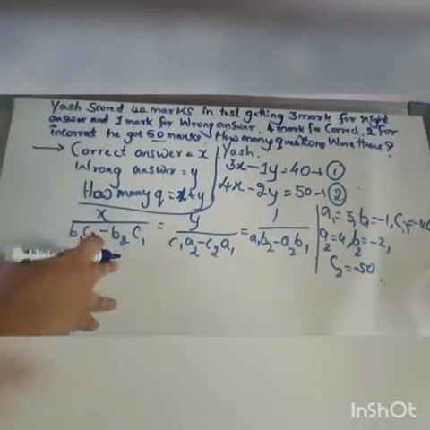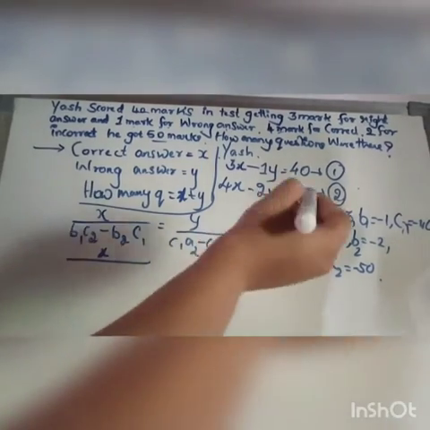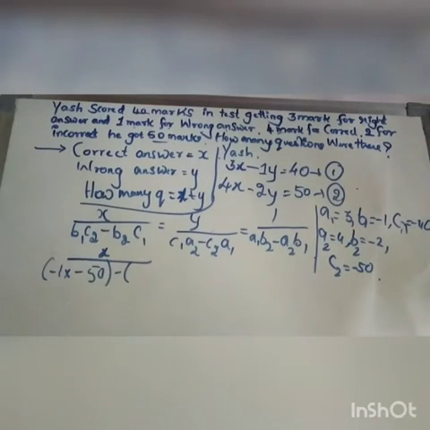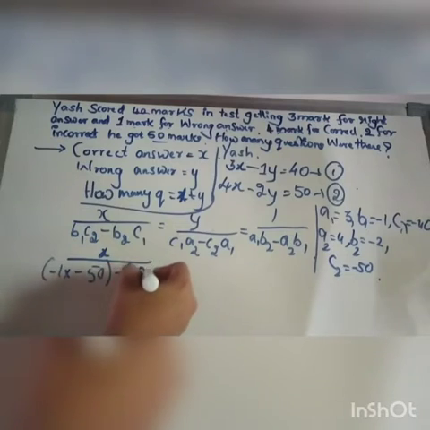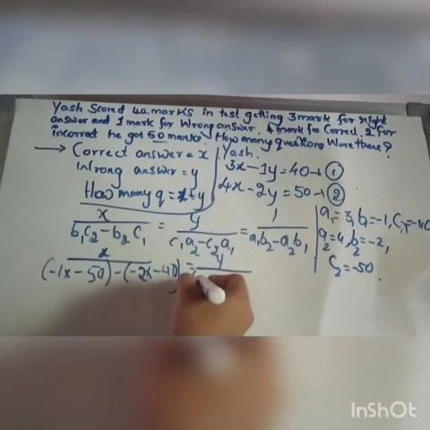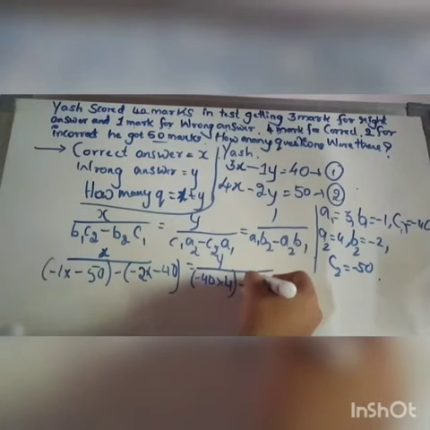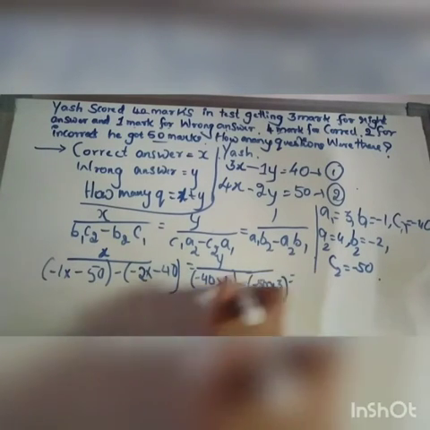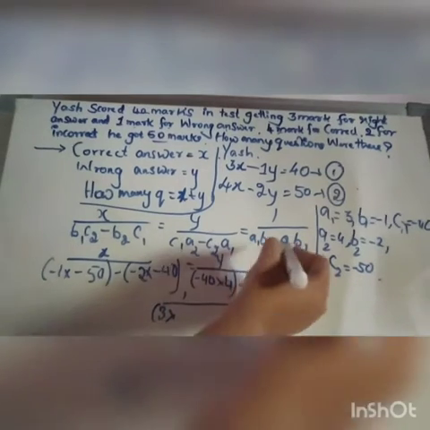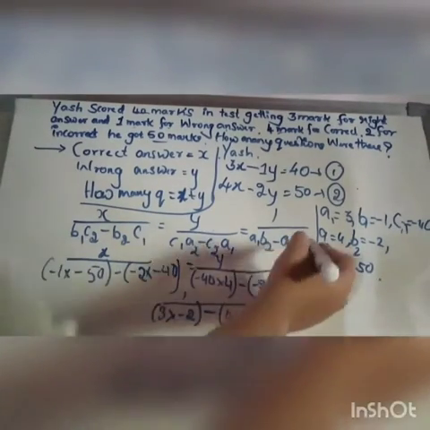Substituting all these values: X by B1, which is minus 1, into C2, minus 50, minus B2, minus 2, into C1, minus 40, equals Y divided by C1, minus 40, into A2, 4, minus C2, minus 50, into A1, 3, equals 1 divided by A1, 3, into B2, minus 2, minus A2, 4, into B1, minus 1.